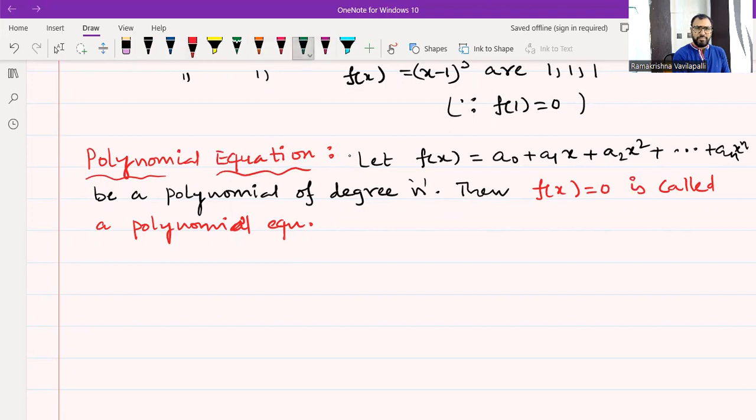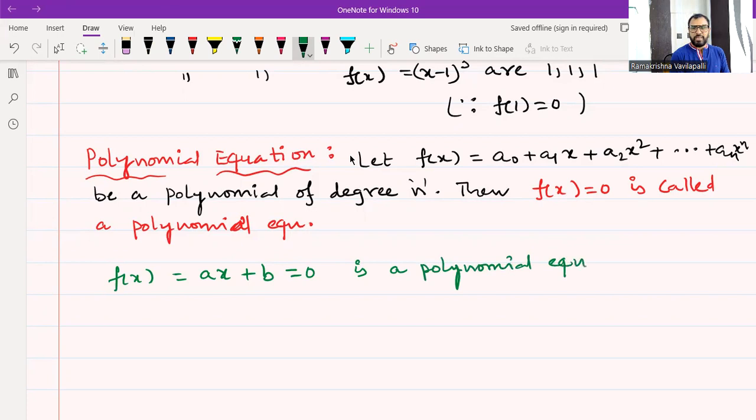For example, f of x equal to ax plus b equal to 0 is a polynomial equation, where a is not equal to 0. It is a linear polynomial.